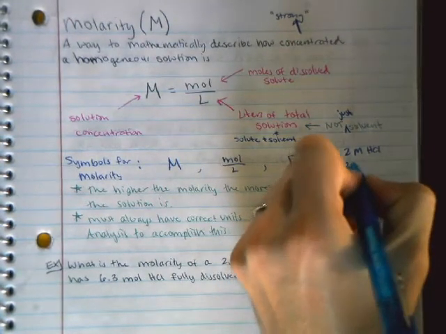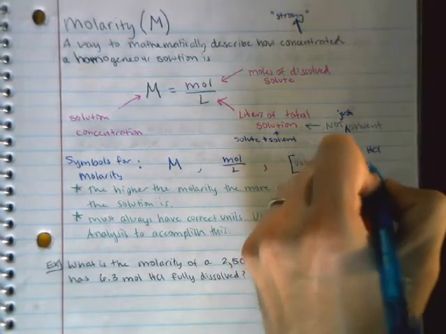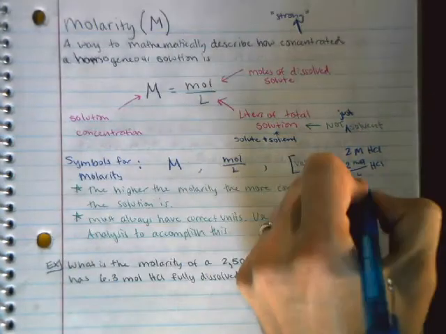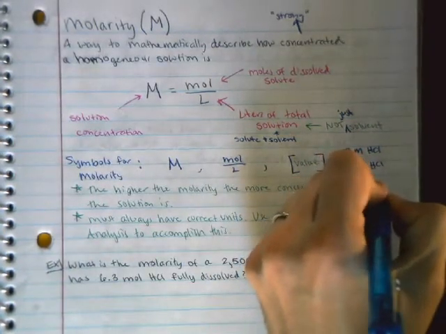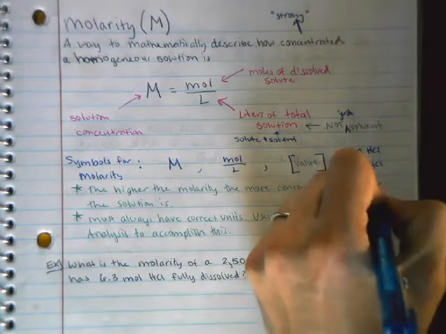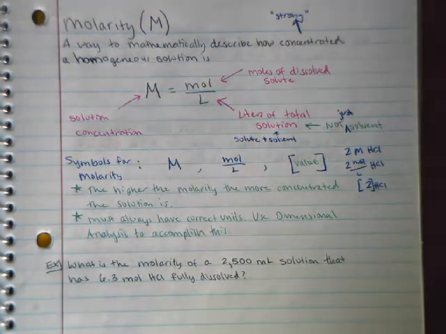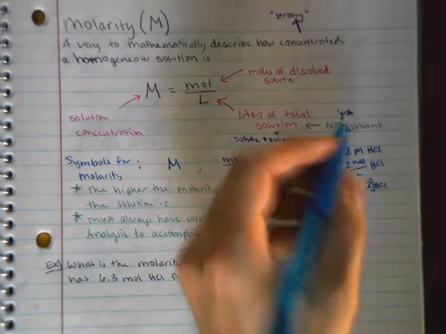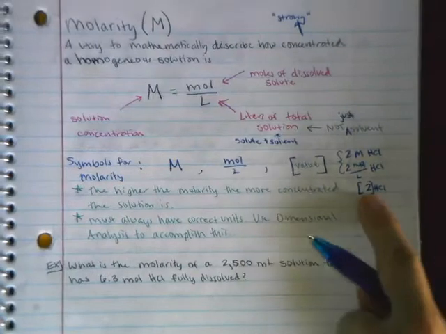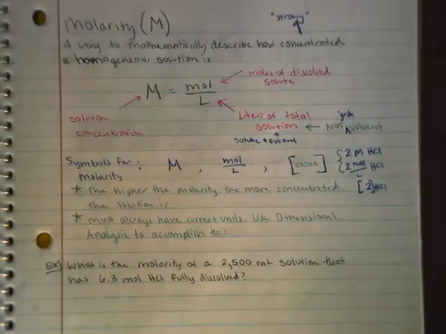You might see it written as 2 moles per liter HCl, and you might just see 2 HCl in hard brackets like that. All three of those work. We're probably going to stick with these two, but this you'll see come up in AP Chem.